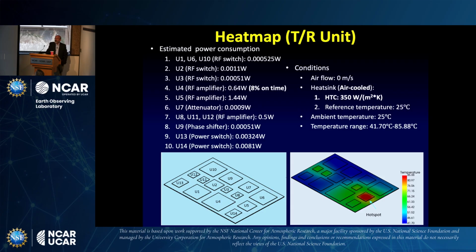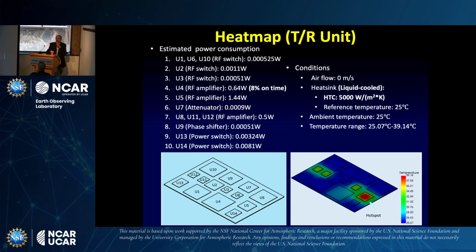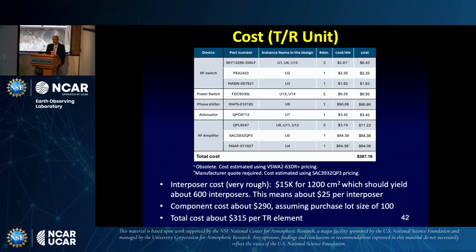So then, you could use better heat sinks. But you can also go nuts and say, let's use liquid cooling. Suppose you did a liquid-cooled system, then the temperature profile would be from 25 to about 37 degrees centigrade. So these are sort of the extremes. If we look at the cost, component costs are something like $290.